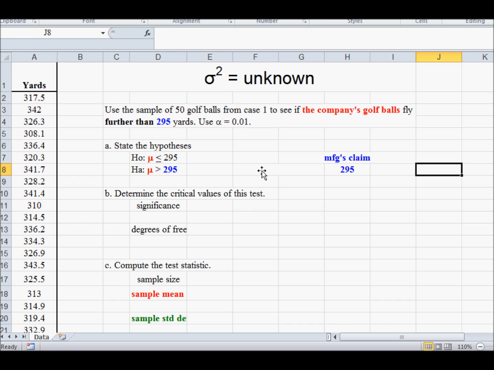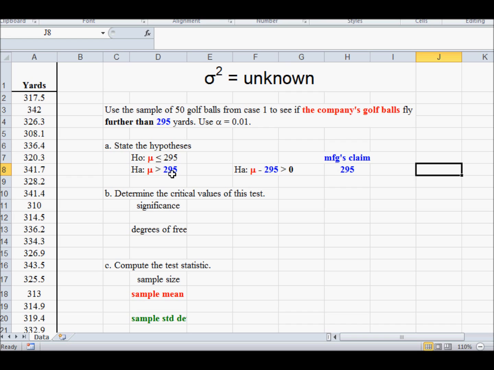Okay? Now another way to state the alternative hypothesis is in difference form. All I did here is take the 295 and subtract it from both sides of the inequality. So mu minus 295 is greater than 0 is equivalent to mu greater than 295.